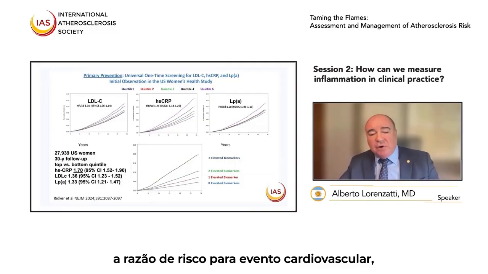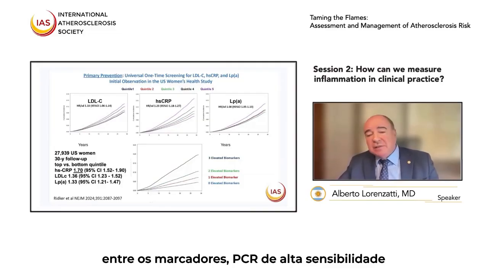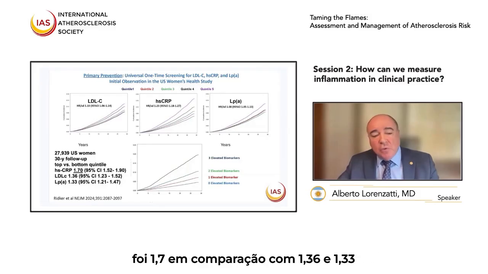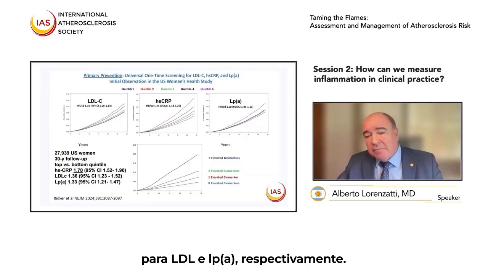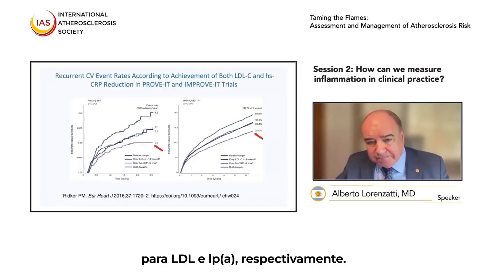The hazard risk for high sensitivity C-reactive protein was 1.7 in comparison to 1.36 and 1.33 for LDL and Lp little a respectively.